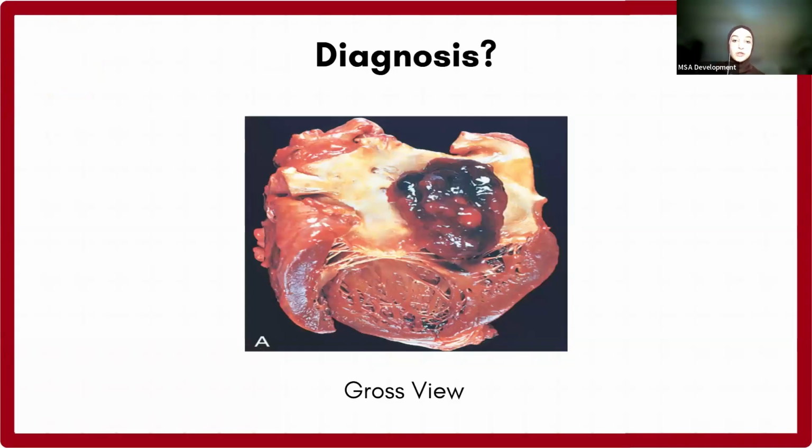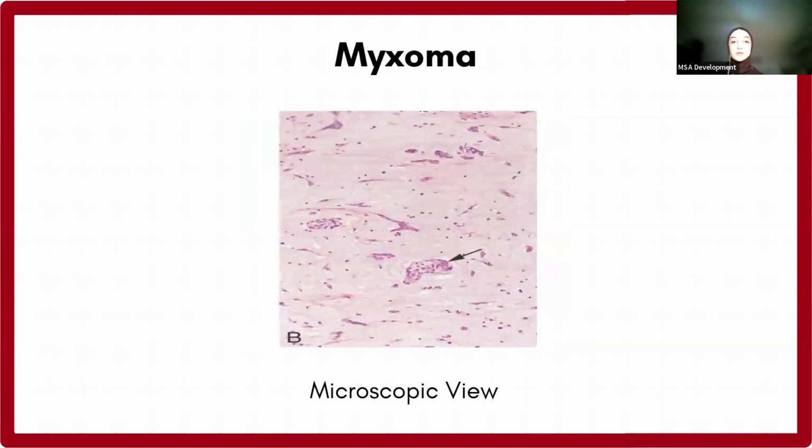Now, moving on. This is a flower-shaped thing under gross examination. What would it tell us? It's a myxoma. A myxoma is essentially a tumor, and it's the most common primary tumor of the heart in adults. It involves chromosomes 12 and 17, and it's most likely associated with the left atrium.